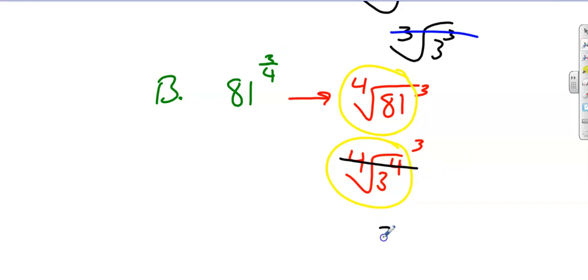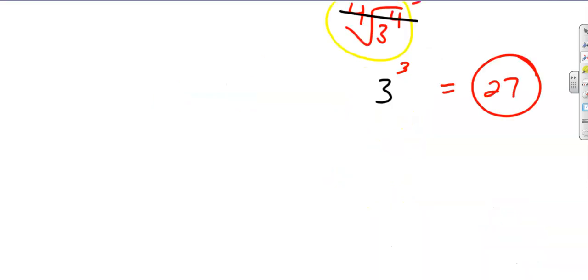That's just going to leave you with 3 on the inside, and then it's 3 to the 3rd power. So 3 times 3 is 9. 9 times 3 would make that out to be 27. Every one of these in 10.2 is going to work out that same way. It's always going to work out nice and perfect, whatever number you do, it's going to be a perfect number when you pair this thing off, and we'll do one more here.